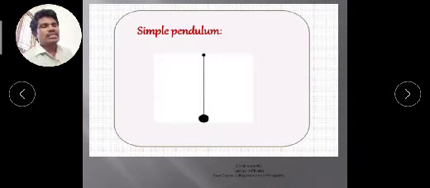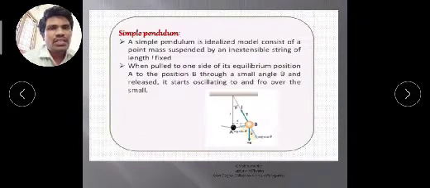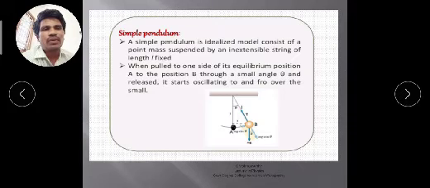Now an example of simple harmonic motion is the simple pendulum. The definition of the simple pendulum: a simple pendulum is an idealized model consisting of a point mass suspended by an inextensible string of fixed length L. When pulled to one side of its equilibrium position A to the position B through a small angle theta and released, it starts oscillating to and fro over a small arc.